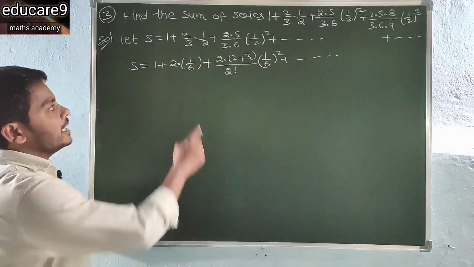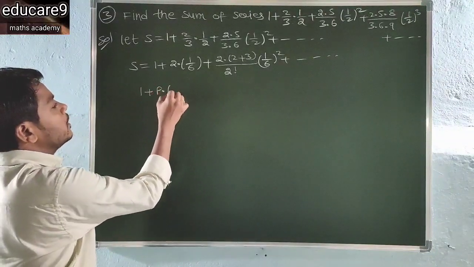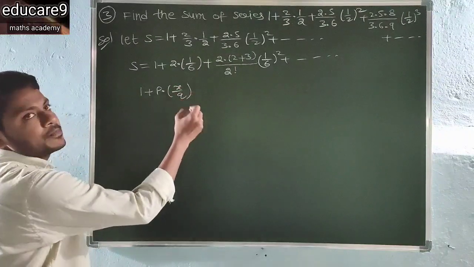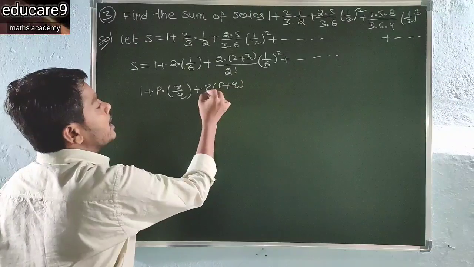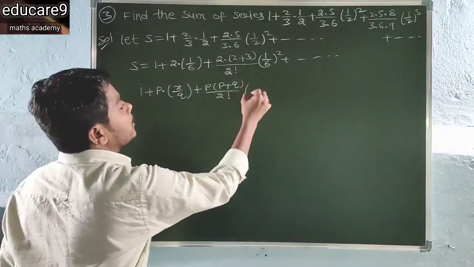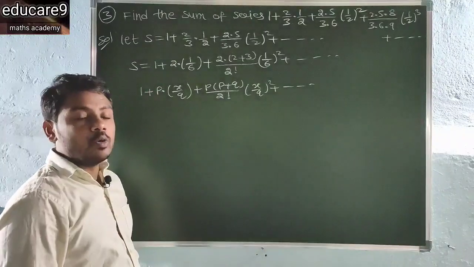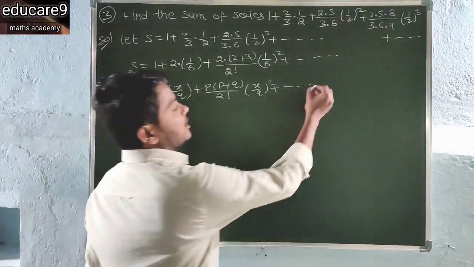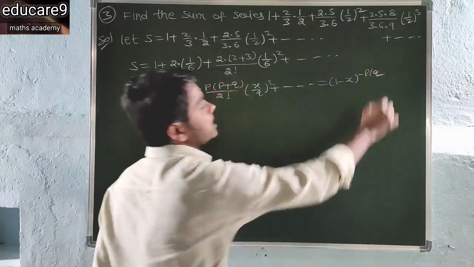Okay, so clearly it is in the form of 1 plus p into x by q plus p into (p plus q) by 2 factorial into (x by q) whole square and so on. So then how to write this expansion? So that is (1 minus x) to the power of minus p by q.